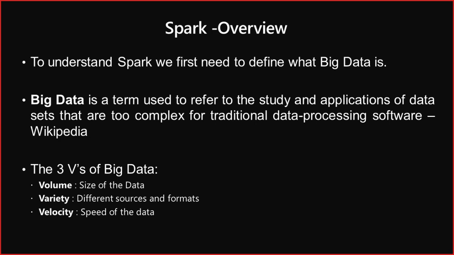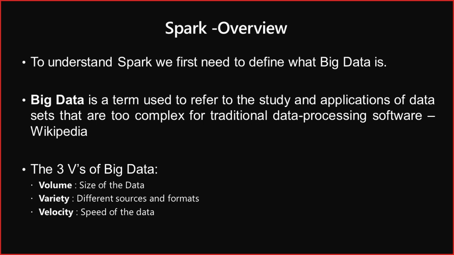To call data big data, we need the 3 V components to be satisfied by our data. Obviously, the volume: the size of our data should be large enough. Then the second V is the variety. The data we get should be from different sources and of different formats.